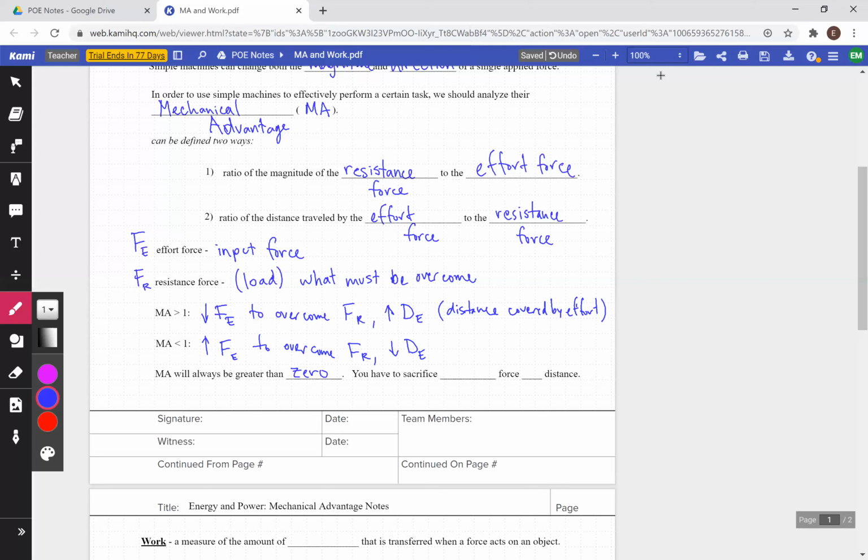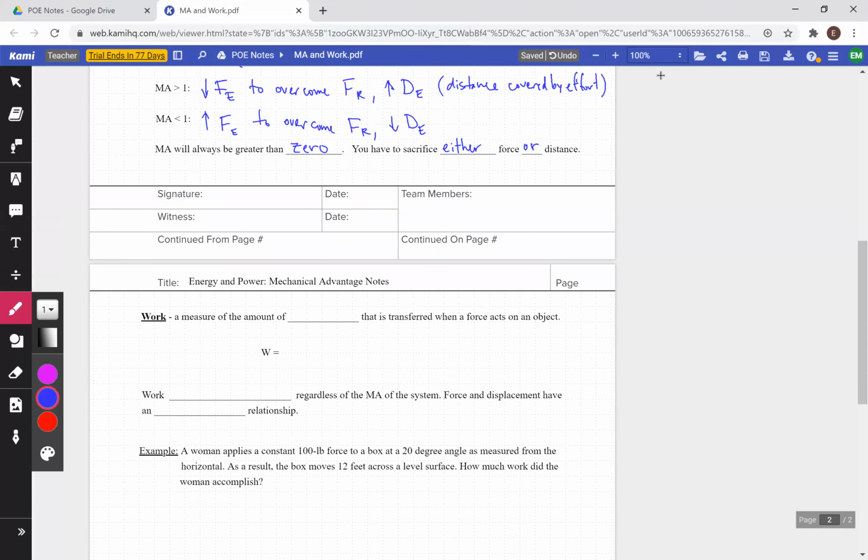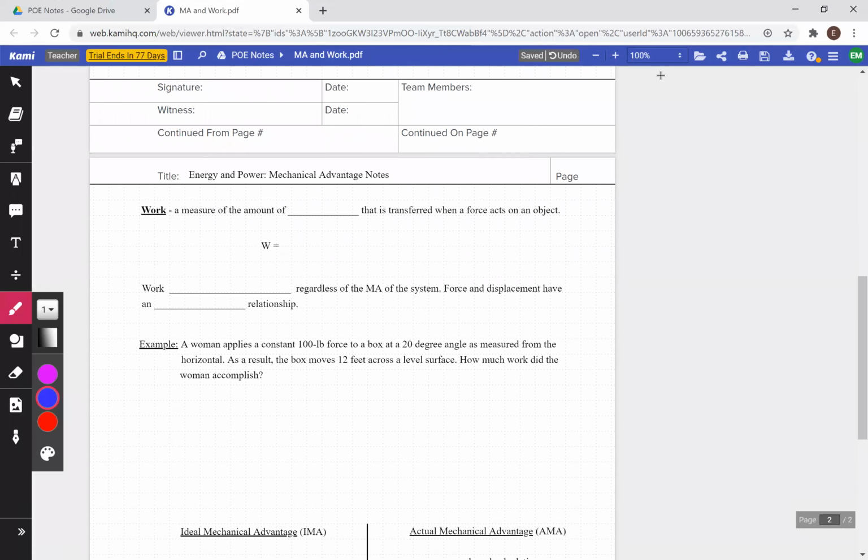We're never going to see anything negative or equal to 0. And that just means that one way or another, you're going to have to sacrifice either force or distance.